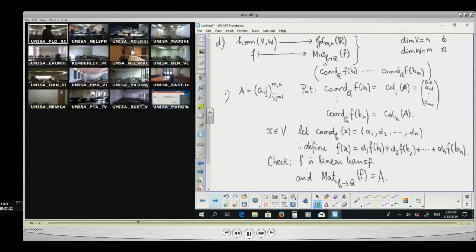So why don't I give a name to this function: the matrix representation from B to A. That's a surjective function. And the fact that it is the unique one tells me it is bijective.